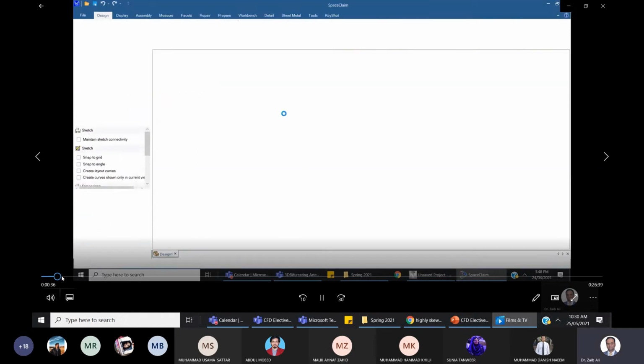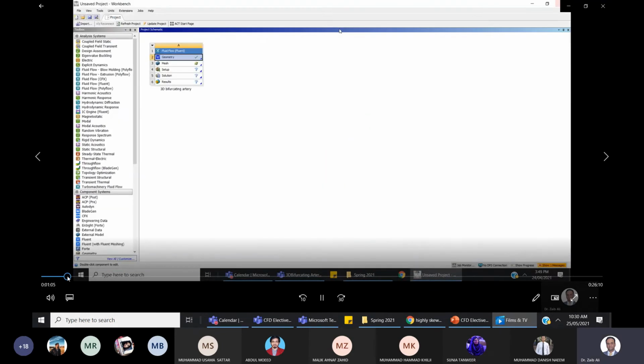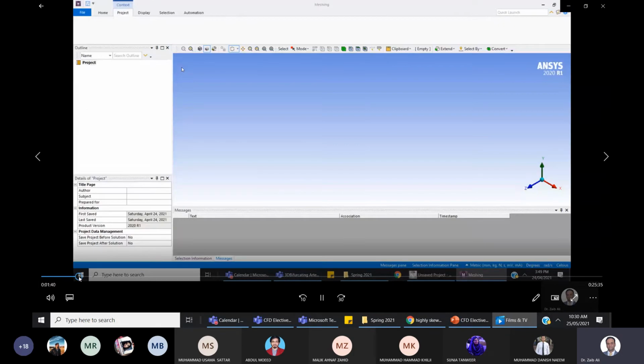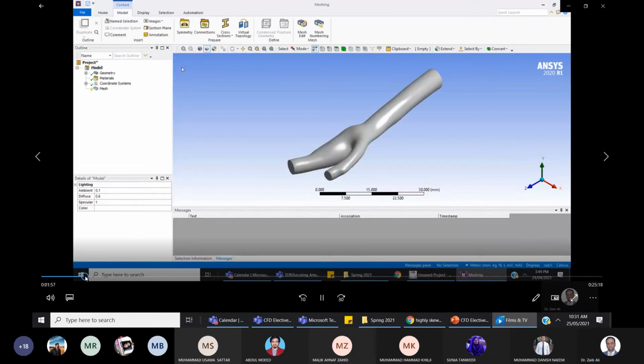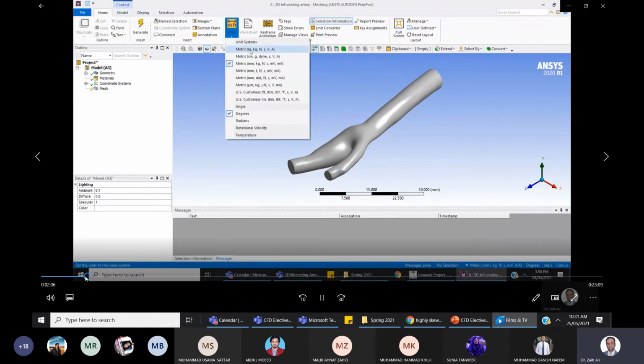You will import the geometry, and it looks something like this. I'll come directly to the mesh. So I start the mesher, and then I import the same geometry. It will load the same imported geometry. You need to change the units.